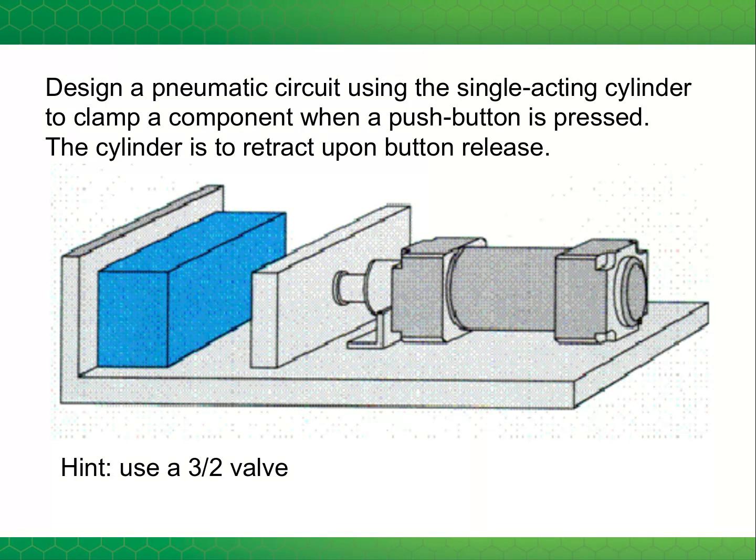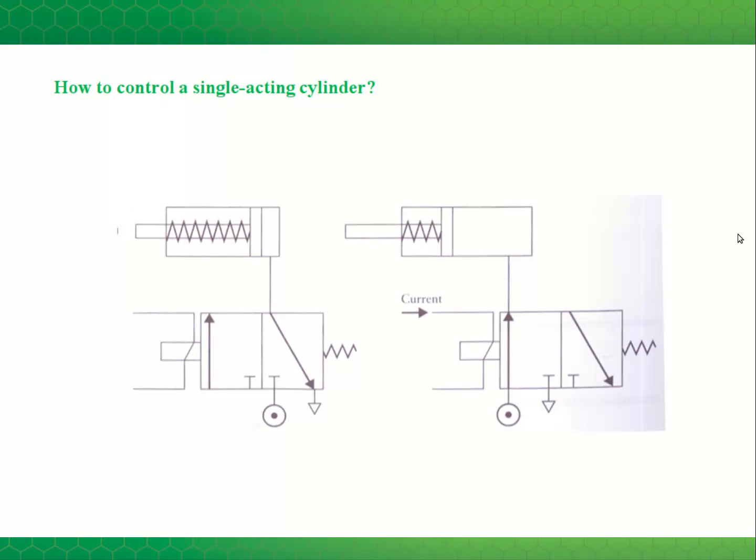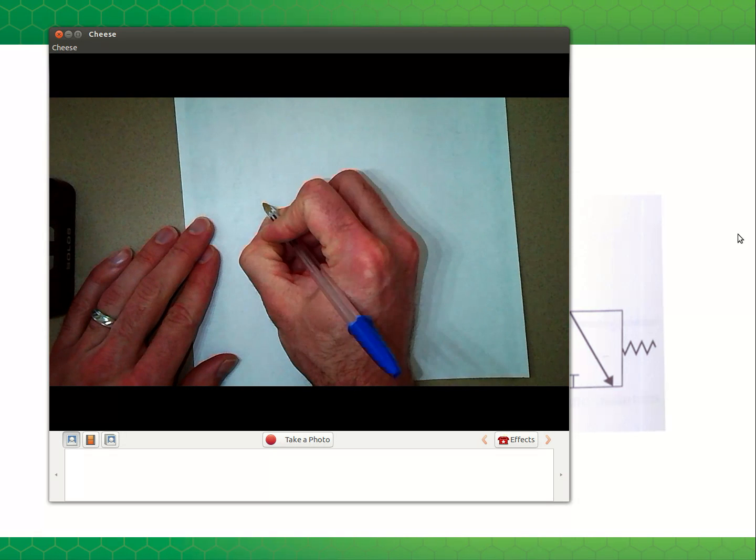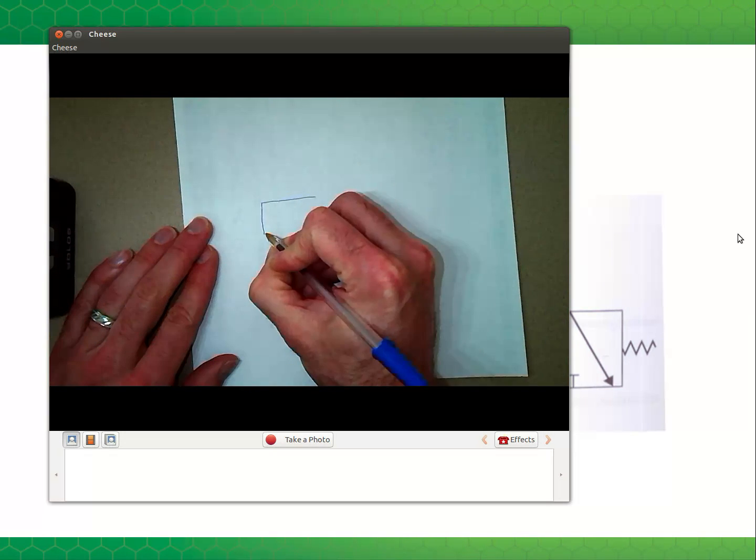So this is what is shown here in the previous slide. The only difference is that instead of a solenoid, we want to have a push button. So that valve in the design problem would just look like this.